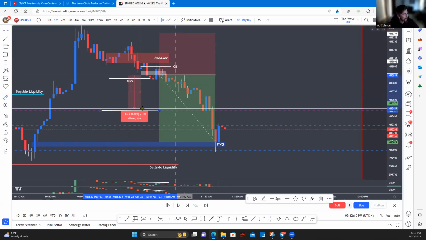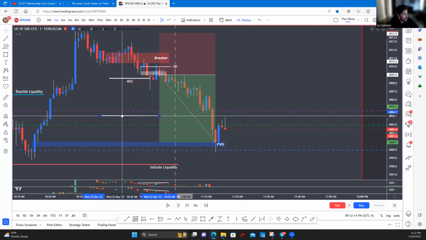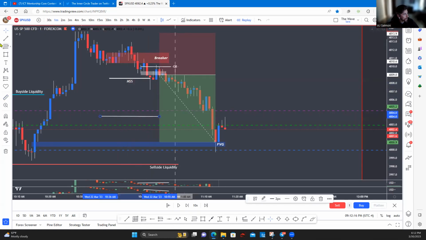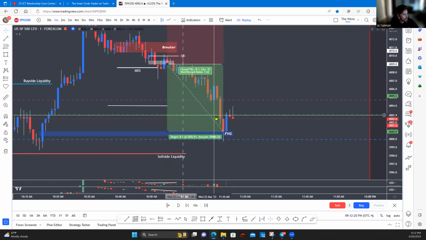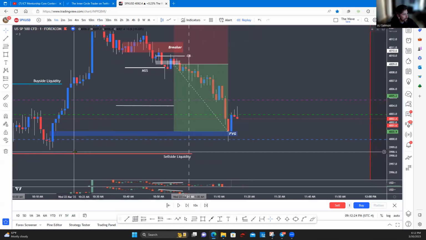Let's see, 5. Oh, 5 is a little bit lower. Go break even here, close partials, and let the rest run to this sell side ultimately down here.